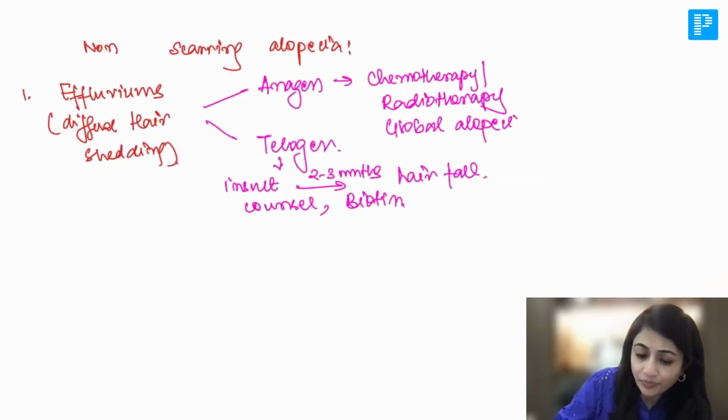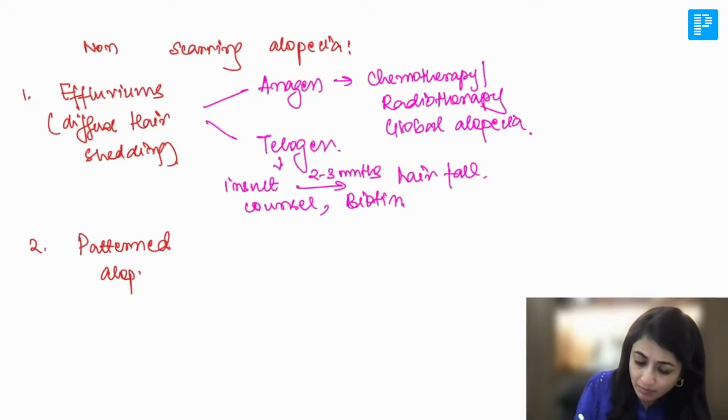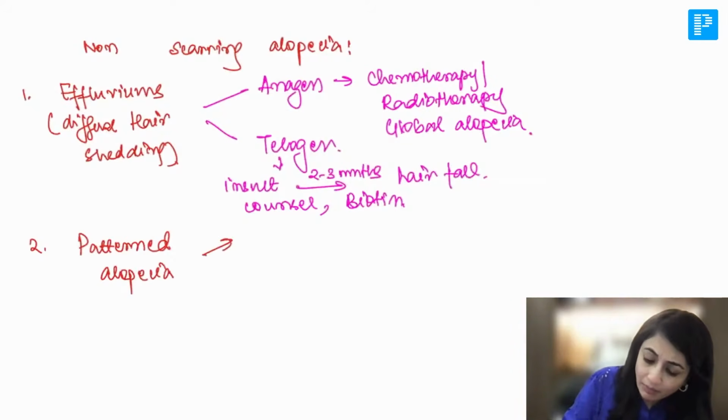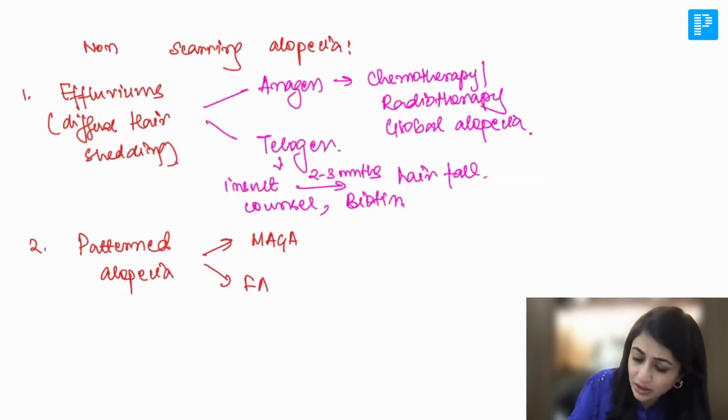The second form of non-scarring alopecia is patterned alopecia. Patterned alopecia can be seen in males as well as females. In males, it is called male androgenetic alopecia, and in females, female androgenetic alopecia.